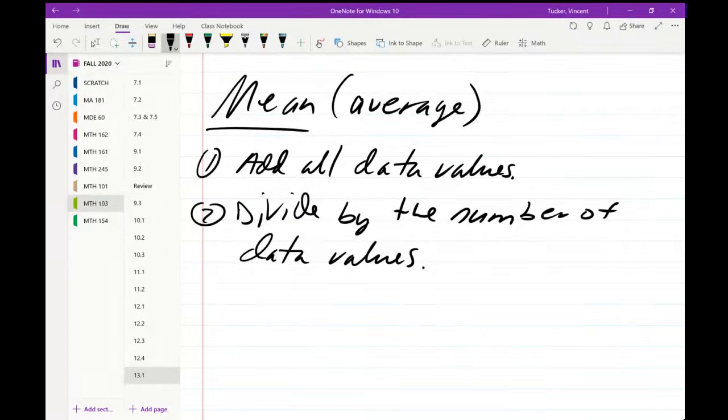All right, the mean in statistics is just another word for average. So you can add all your data values and divide by the number of data values.